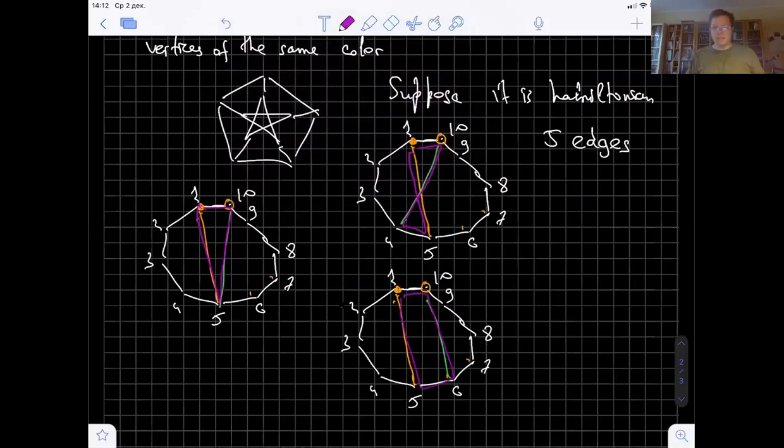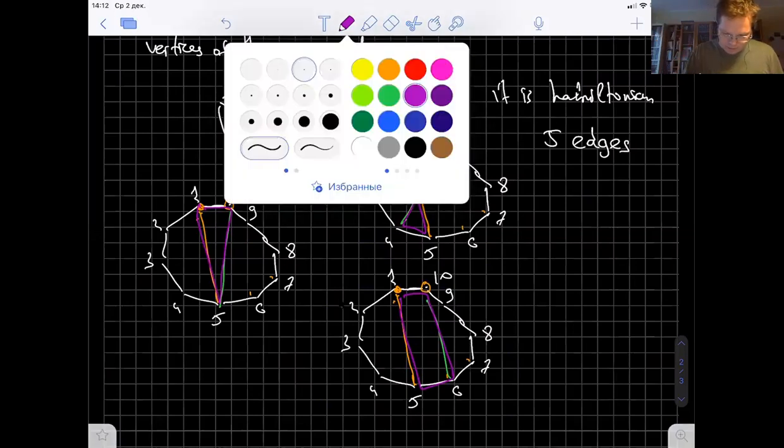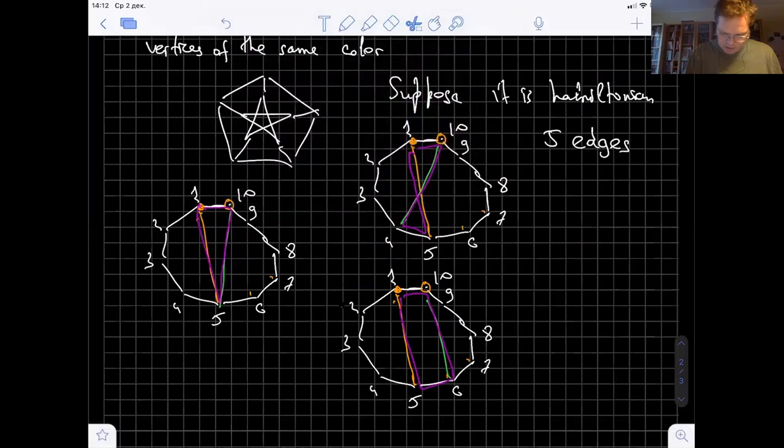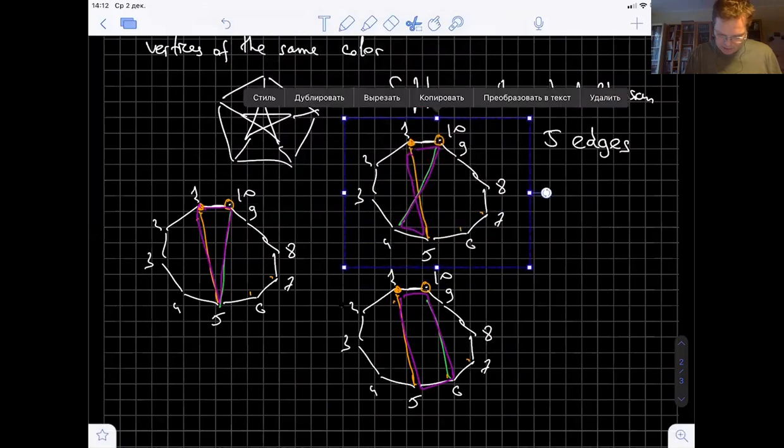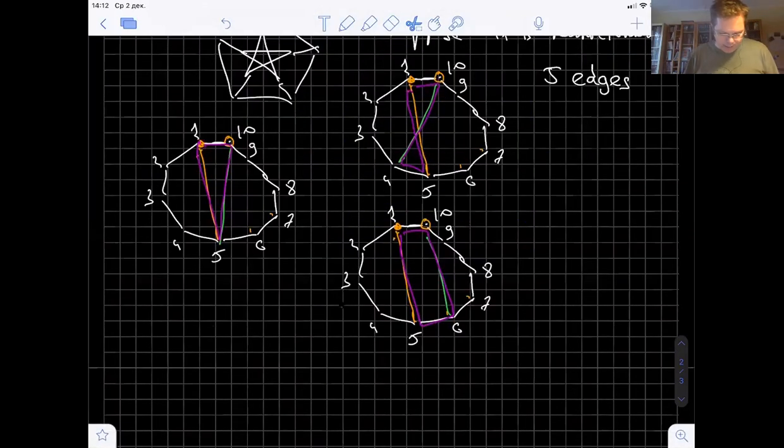So we cannot connect 1 and 5, and for the same reason we cannot connect 1 and 7, because we can look at what vertices are connected with 2 and so get a contradiction. So all we need to prove is that 1 cannot be connected with 6.